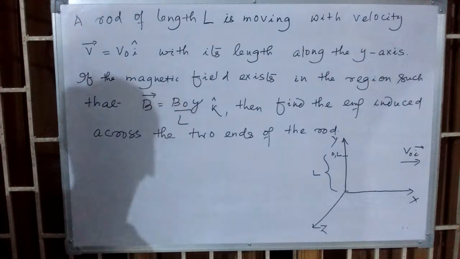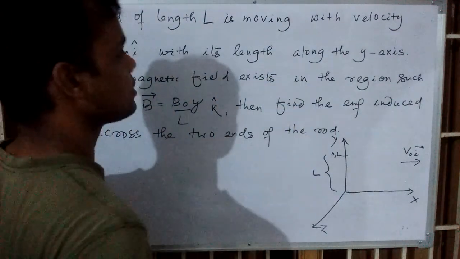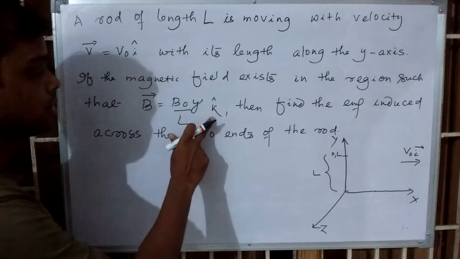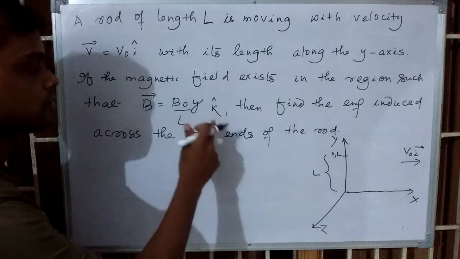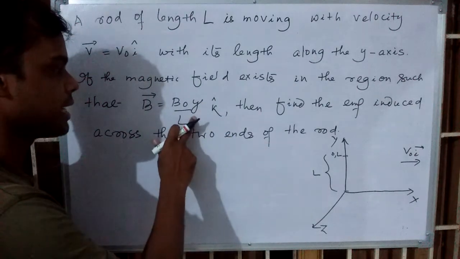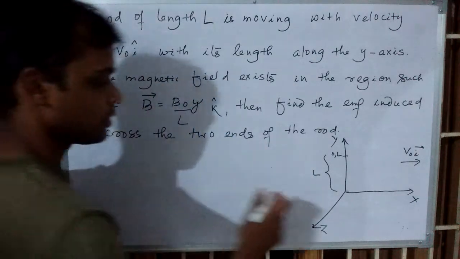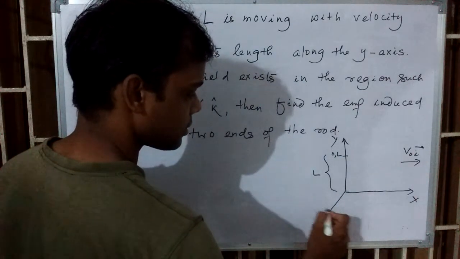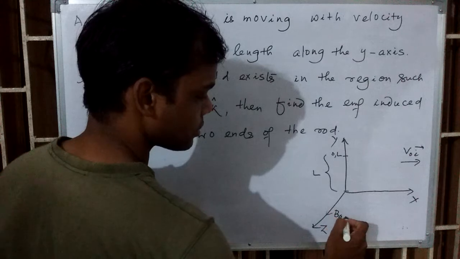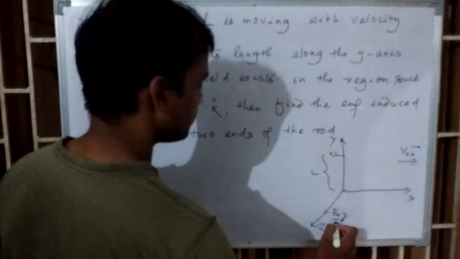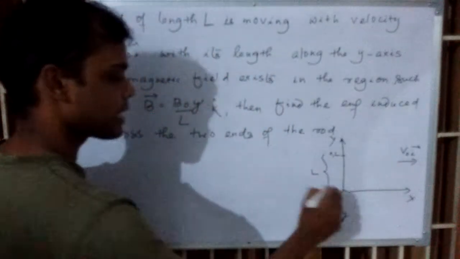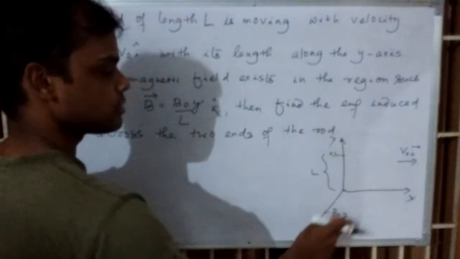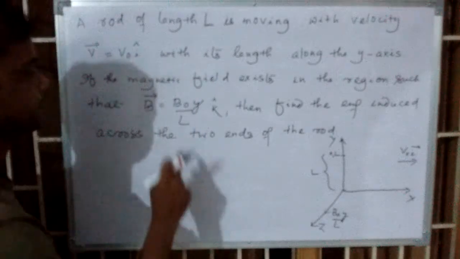Now, if the magnetic field exists in the region such that B is equal to B naught y by L k cap, the magnetic field is along the z direction but its value is varying along the y-axis. That means the magnetic field is along this direction, its magnitude is B naught y by L. As you go in this direction, its value keeps on increasing.